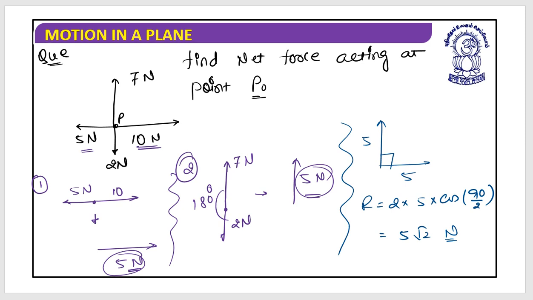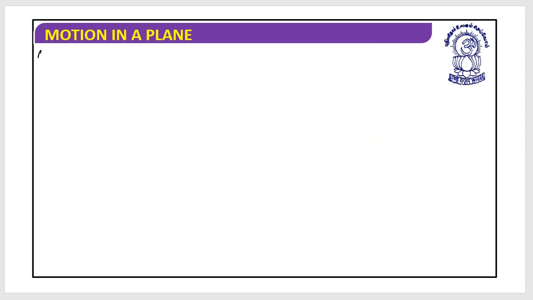Its direction would be, it is an angle bisector. So if it is an angle bisector, it would look like something like this. It's at 45 degree. Is it clear? Can you do this? Okay. Let's move on to one more question.